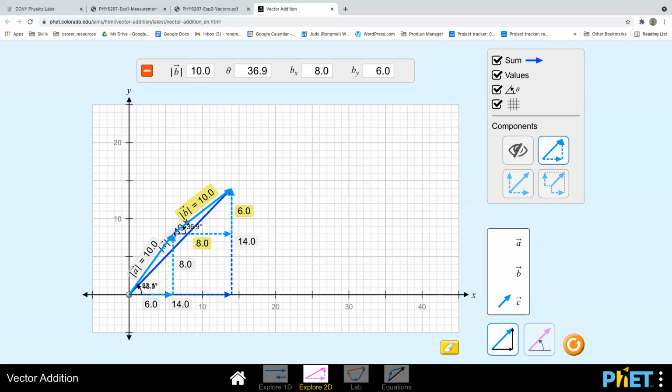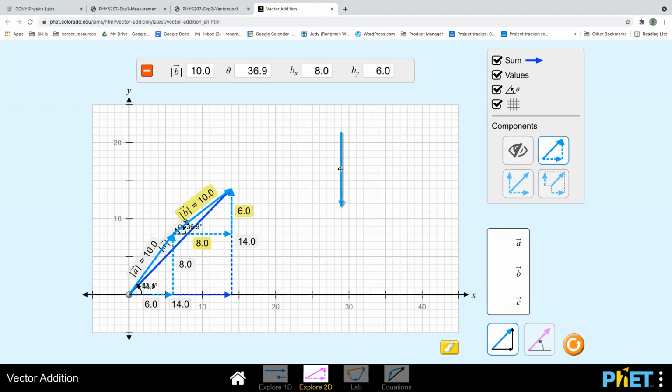If I change the angle a little bit, can I change the angle? I guess I cannot change. But basically what I mean is, as long as you keep the head to the tail, you can measure everything.